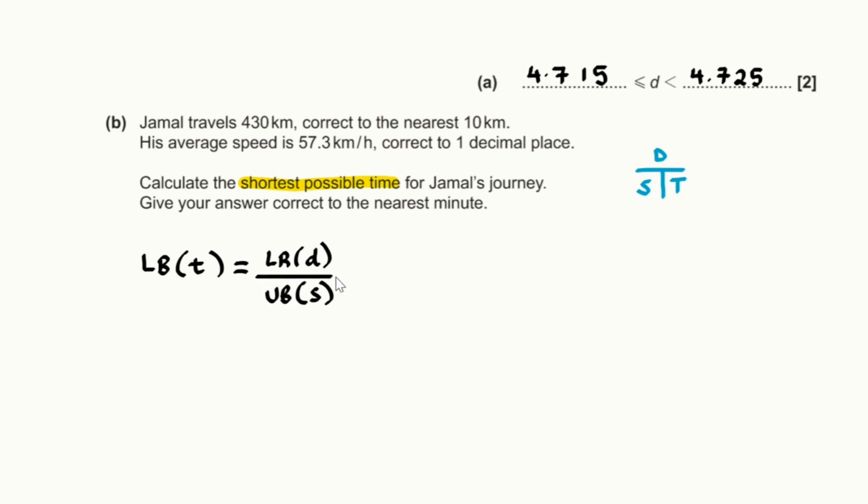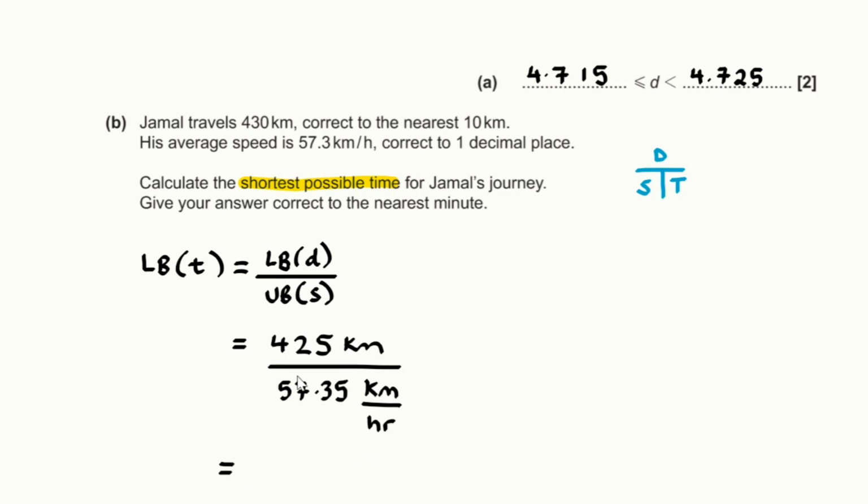So I've got the lower bound of the distance, 425 kilometers, divided by the upper bound of the speed, 57.35 kilometers per hour.